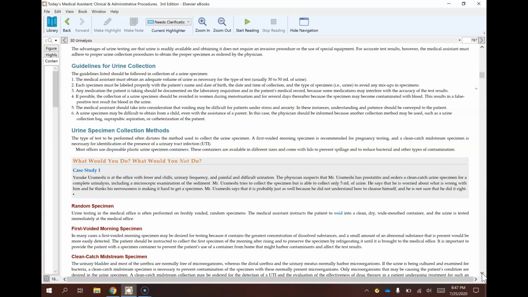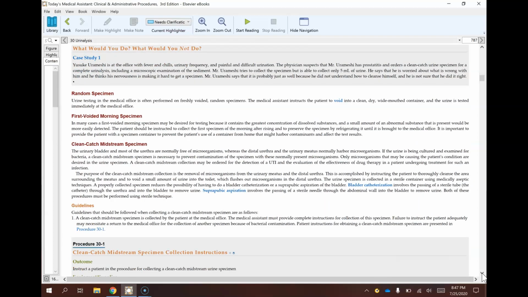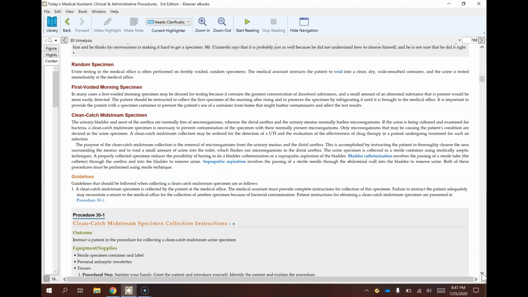Remember, as a medical assistant, your primary duty is to instruct the patient on different procedures, and this is a fairly regular procedure. So earlier on, we talked about how important obtaining a first voided morning specimen is.